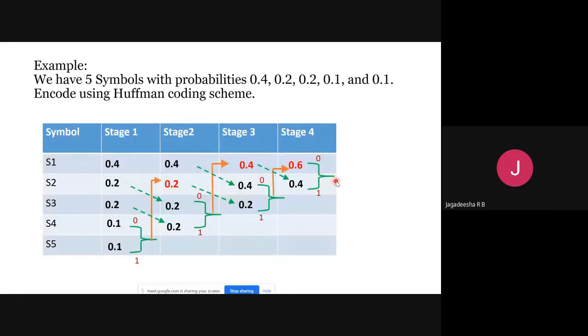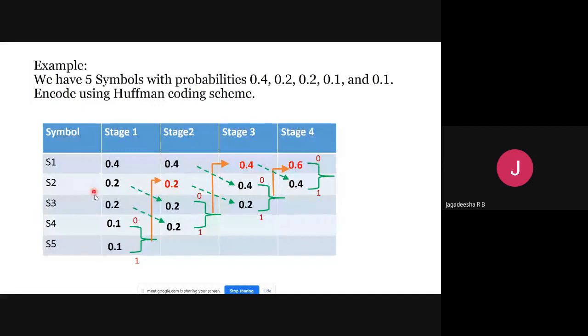Okay, so these are the steps that can be mapped to step 1 to step 5 in the previous slide. And the final step is to assign the code. We did all these steps to identify which symbol represents what, how to represent each symbol.